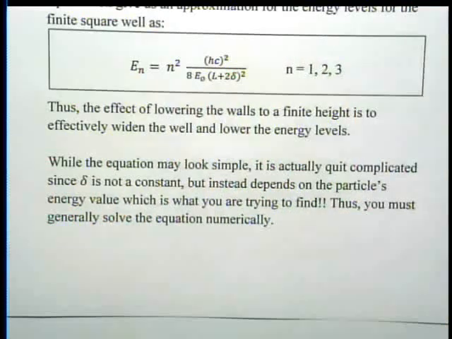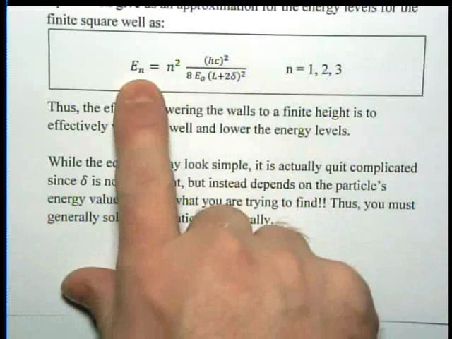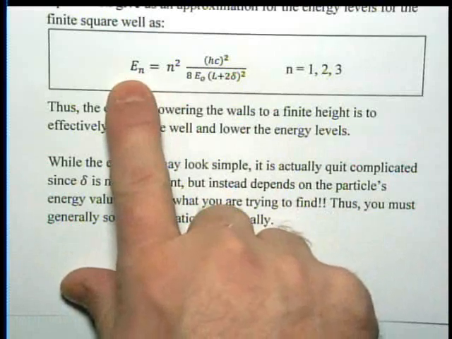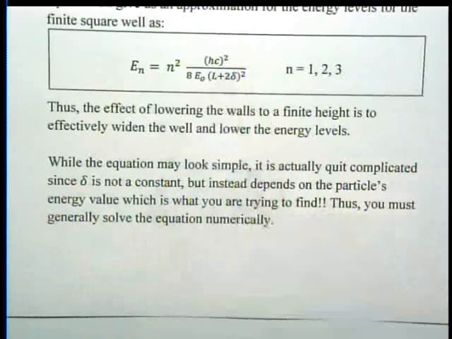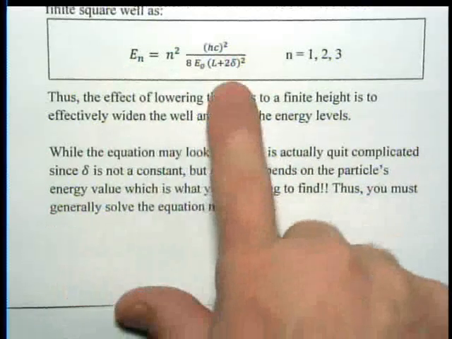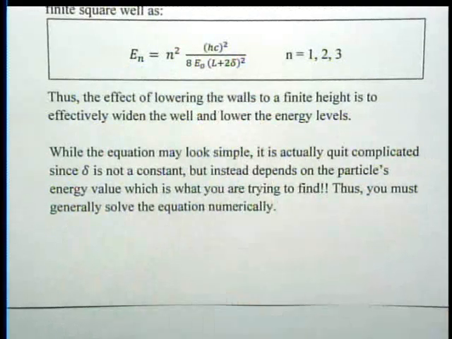I'll assume U is much bigger than E. And I'll work the problem, and I'll get a value of E. Then I'll take that value of E, plug it back in and calculate a new delta, and calculate a new E. Then I'll take that E, plug it back in, calculate a new delta, calculate a new E. And when I don't see the E changing, I have found the answer. Now the question is, how many times am I going to have to do that by hand? Is it 3? That doesn't sound too bad. 34,000? That might not be a good idea.